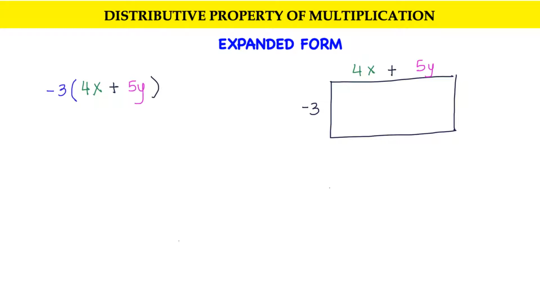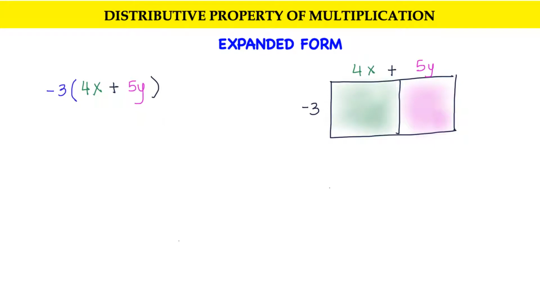Now, what if we were to split this rectangle into two parts? Let's call this the green room. And this one is the pink room. And how would we find the area of each of these rooms?